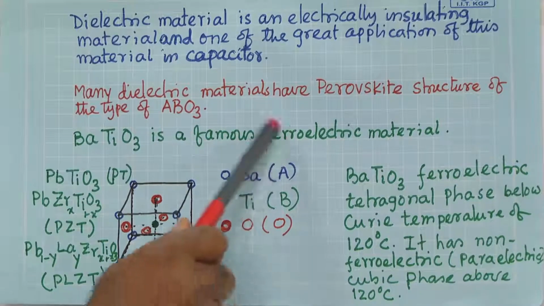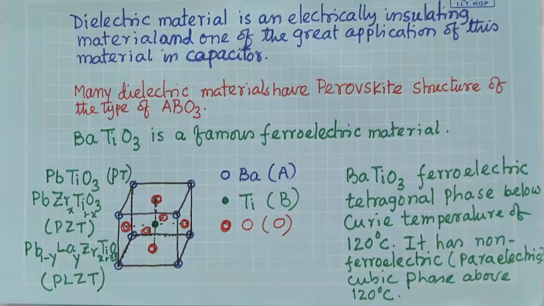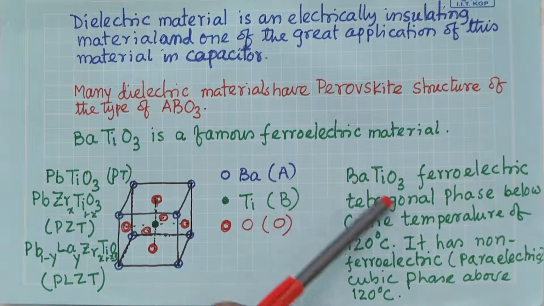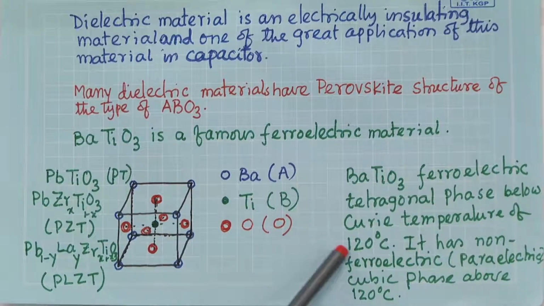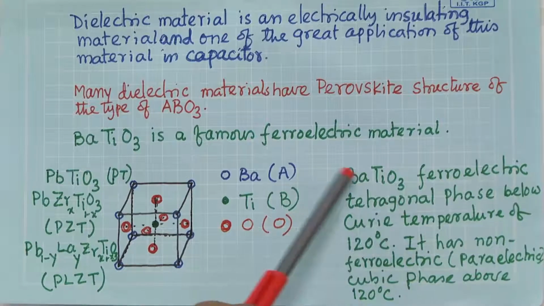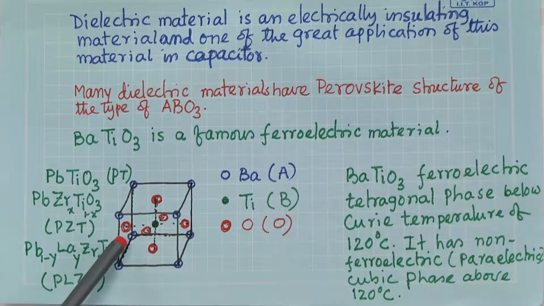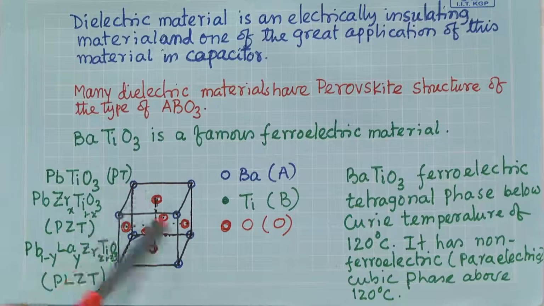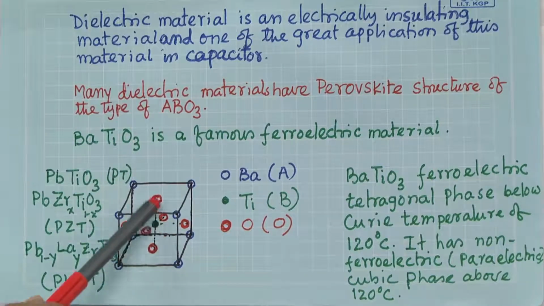Barium titanate is a ferroelectric material with a Curie temperature around 120 degrees centigrade. Below the Curie temperature it is ferroelectric, and its structure is tetragonal, meaning a equals b is not equal to c, but the other angles are 90 degrees.